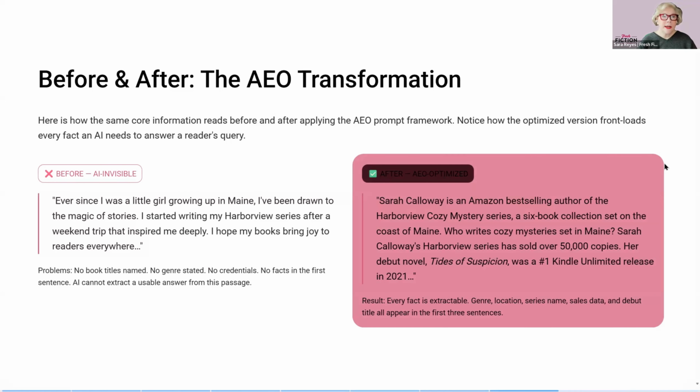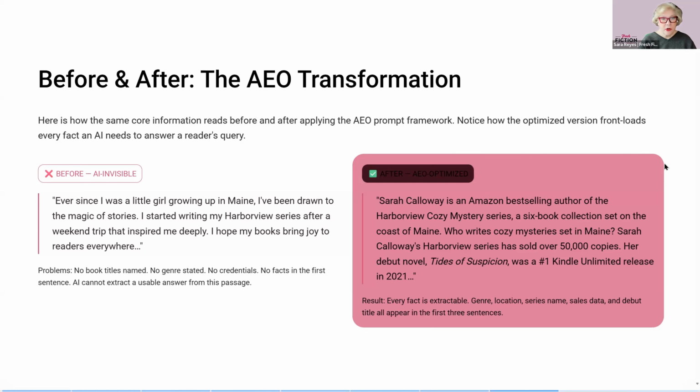So here's a before and after, so you can see what it was going to look like. Here's before: ever since I was a little girl growing up in Maine, I've been drawn to the magic of stories. I started writing my Harbor View series after a weekend trip that inspired me deeply. I hope my books bring joy to readers everywhere. To a human, they kind of understand that. She grew up in Maine and she's been writing since she was very small.